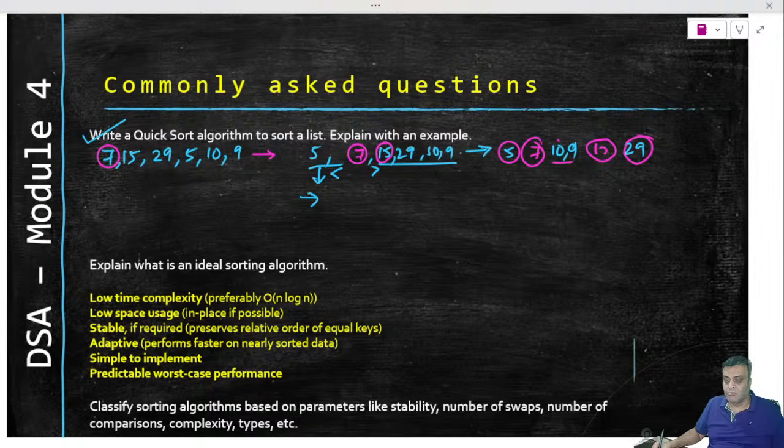Now between 10 and 9 you will select 10 as the pivot and try to position it. So you will position 5, 7, then 10 will be positioned in the proper place, and 9 will come to the left of 10, and then you will have the rest of the elements, which is 15 and 29.